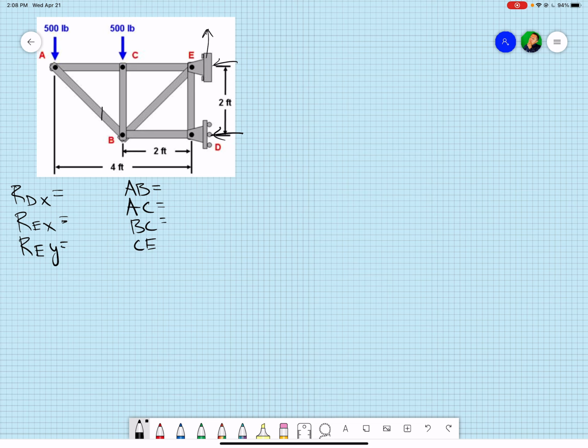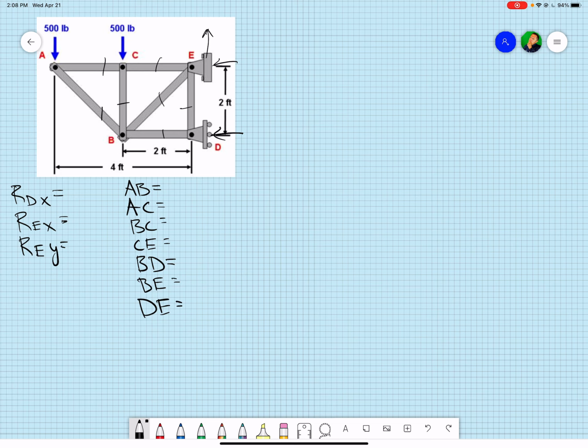AB, AC, BC. All right. CE. Okay. We have BD. We have BE, and we have DE. There we go. All right, so those are all the forces we have to figure out.